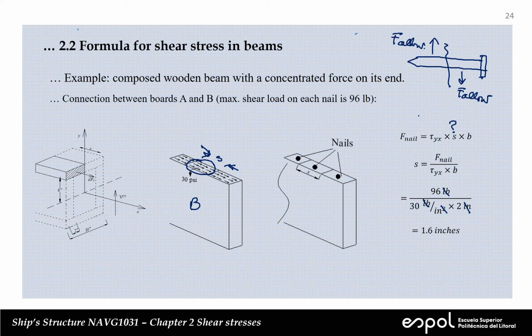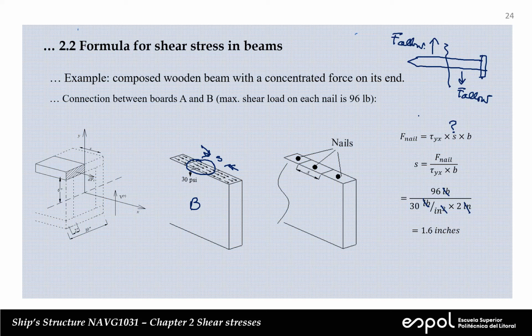board B, which is vertical, right? You don't want to allow them to slide one over the other. You have to have enough nails. So the nails have to be separated no more than 1.6 inches. If you put them, for example, every 2 inches, that means that the force that each nail has to sustain is larger than 96.